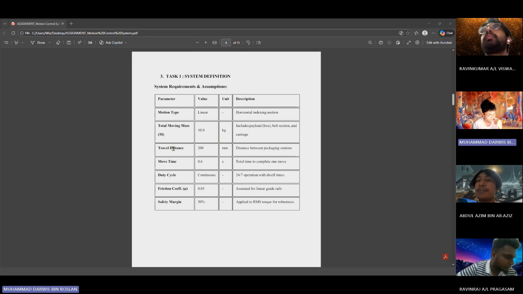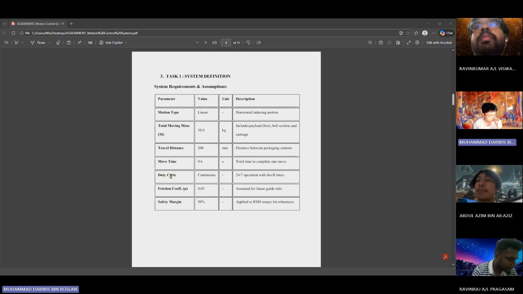The travel distance required for this system is 200 millimeters, which is the distance between packaging stations. The move time for this system is 0.6 seconds.